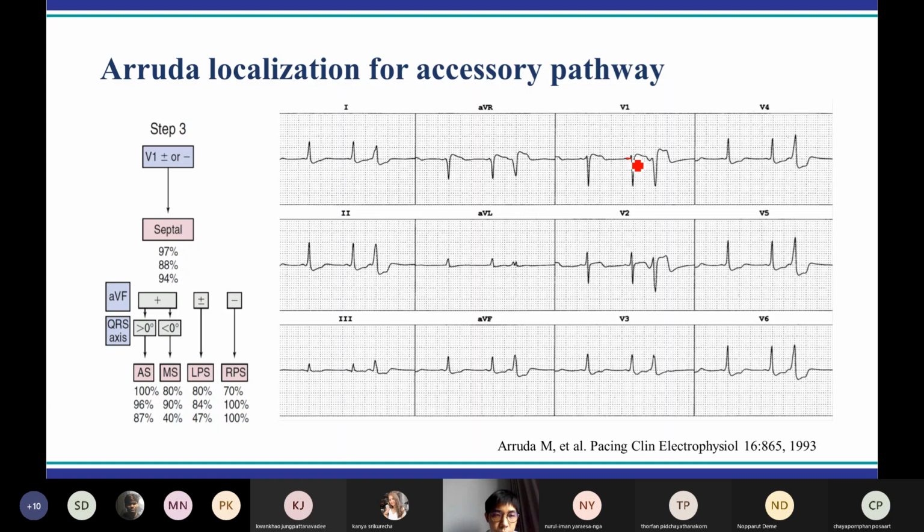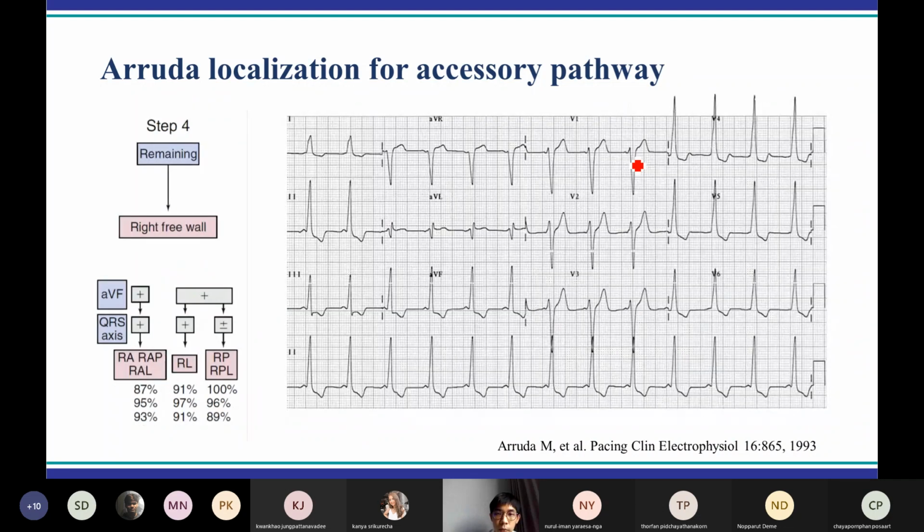It's isoelectric, so it is a septal pathway, and after that you would see whether the delta wave in AVF is positive or negative, and you can identify the location of it. And this is step 4, the remaining one, which is the right free wall bypass tract.